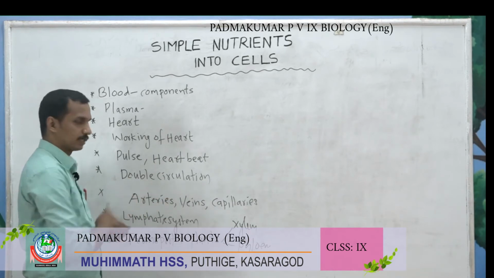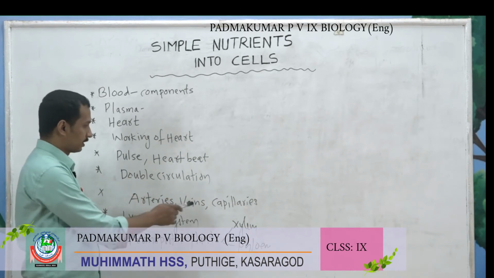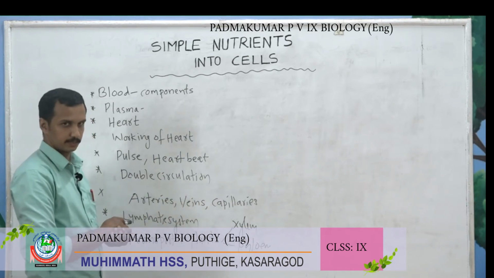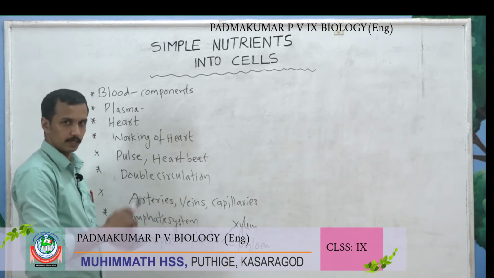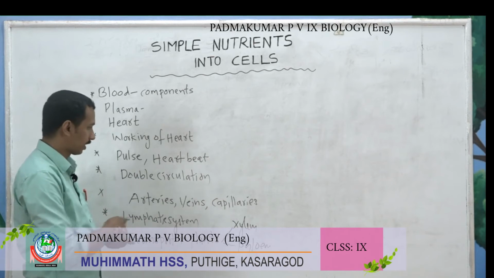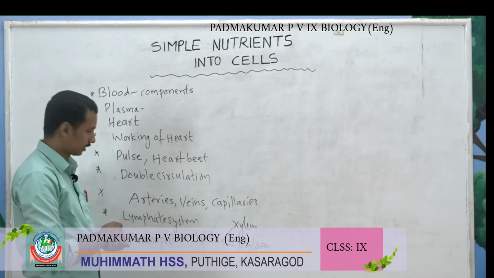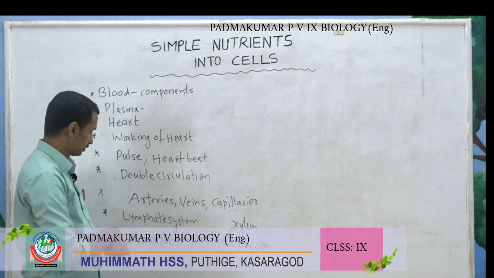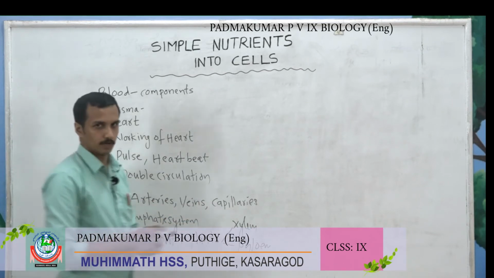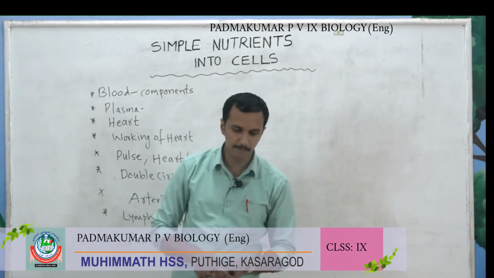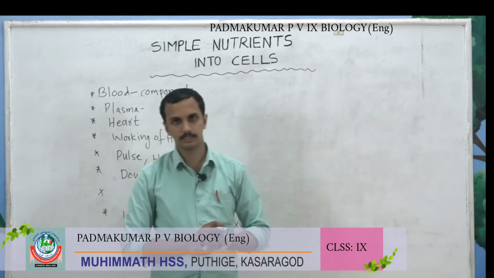Then double circulation, arteries, veins, capillaries. What are the differences between arteries, veins and capillaries? Then you have to study about the structure of artery, vein, capillaries, etc. Then lymphatic system, transport in plants, xylem and phloem. So these are the important topics included in this chapter.